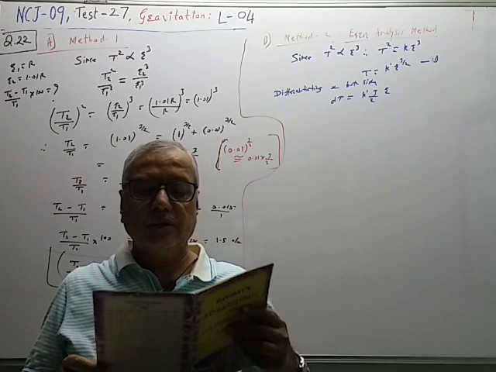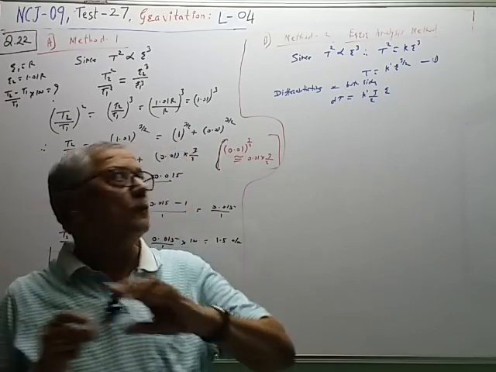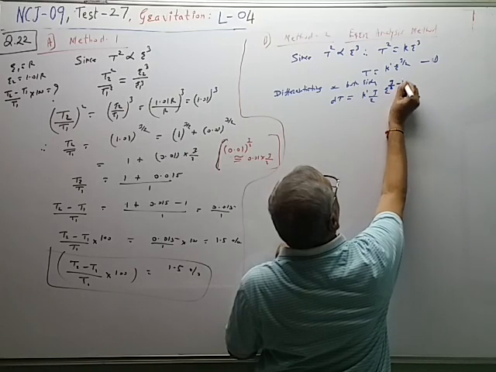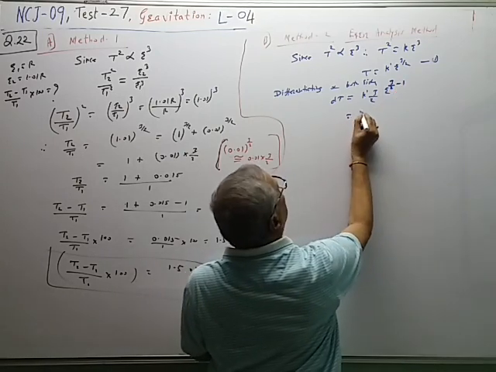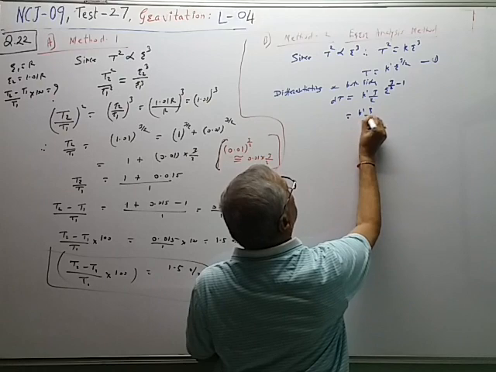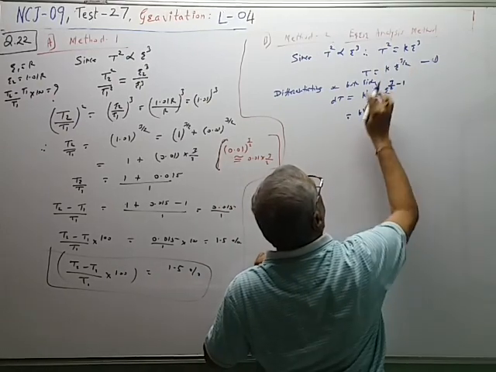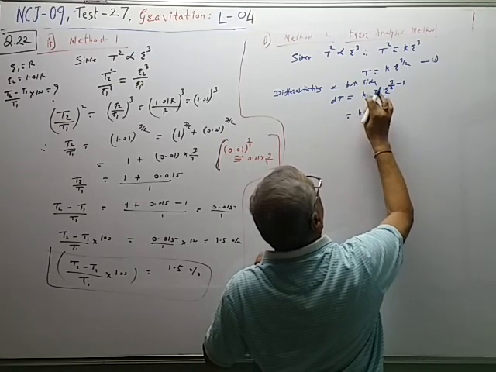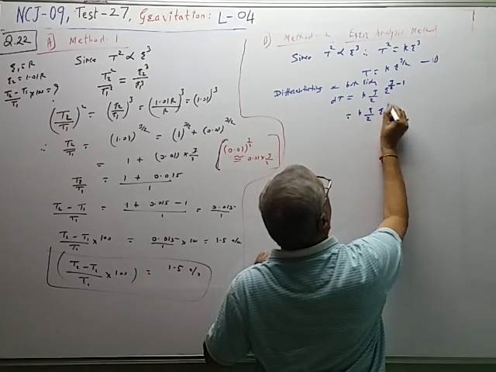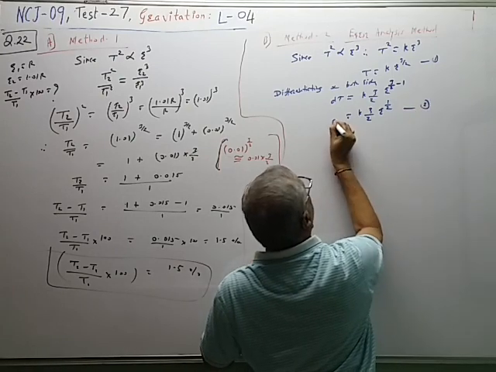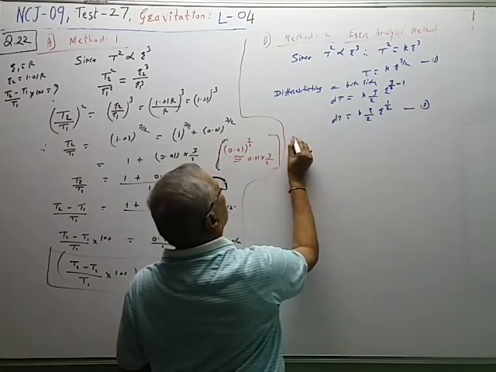So the derivative is 3 by 2 into R raised to 3 by 2 minus 1. This is equation 2.